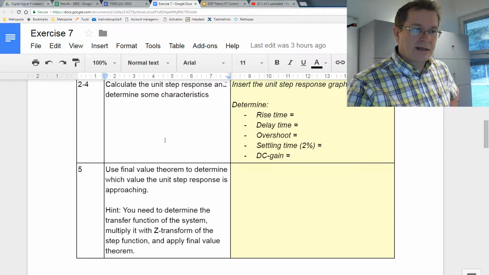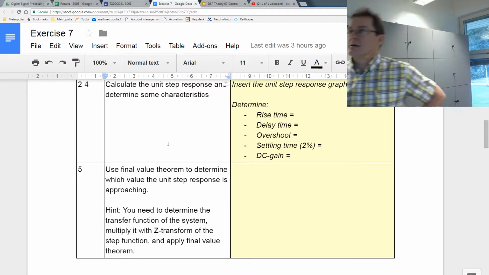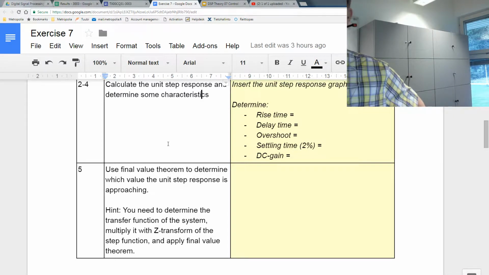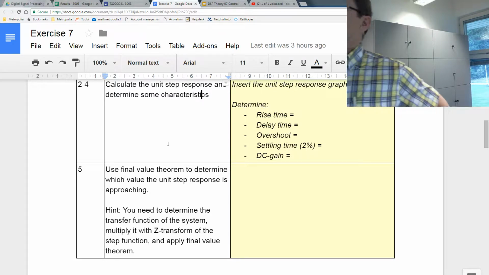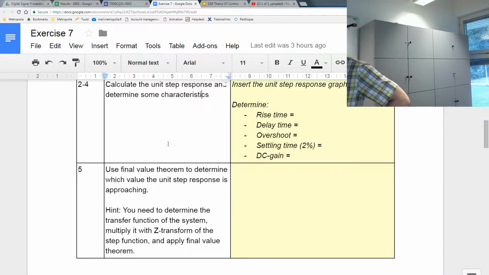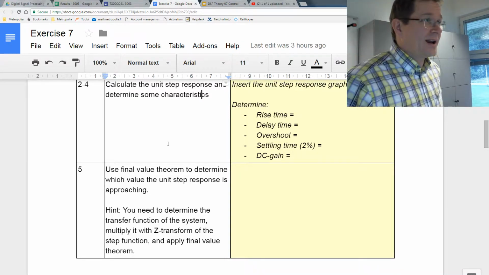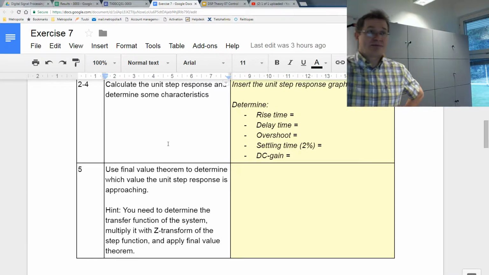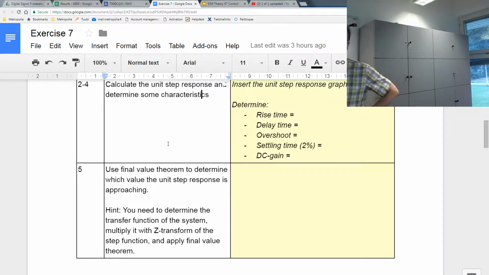All right, but anyways, the parts 2 to 4 are worth 3 points if you get everything done correctly. So by just doing the step response and analyzing that one, you can actually estimate the DC gain at the end of the step response when you think that it has already settled.